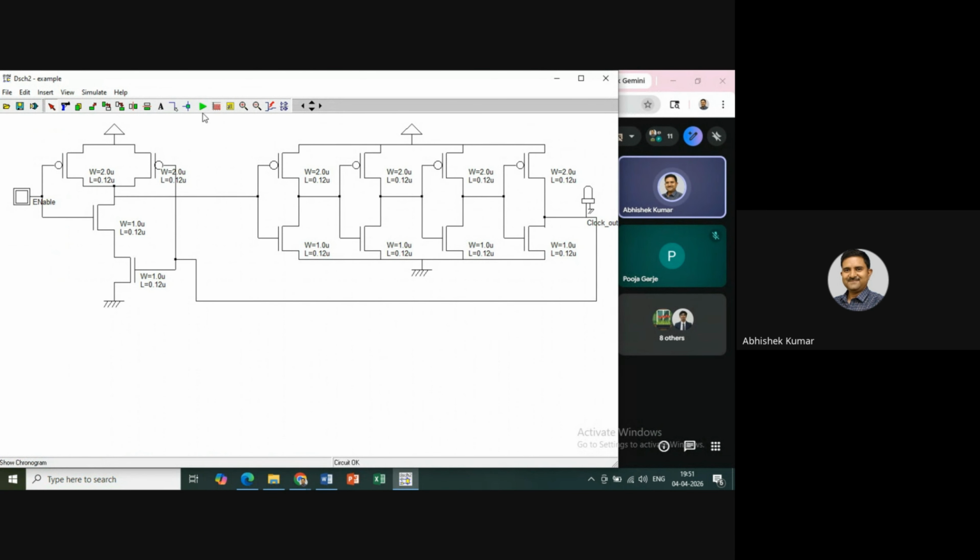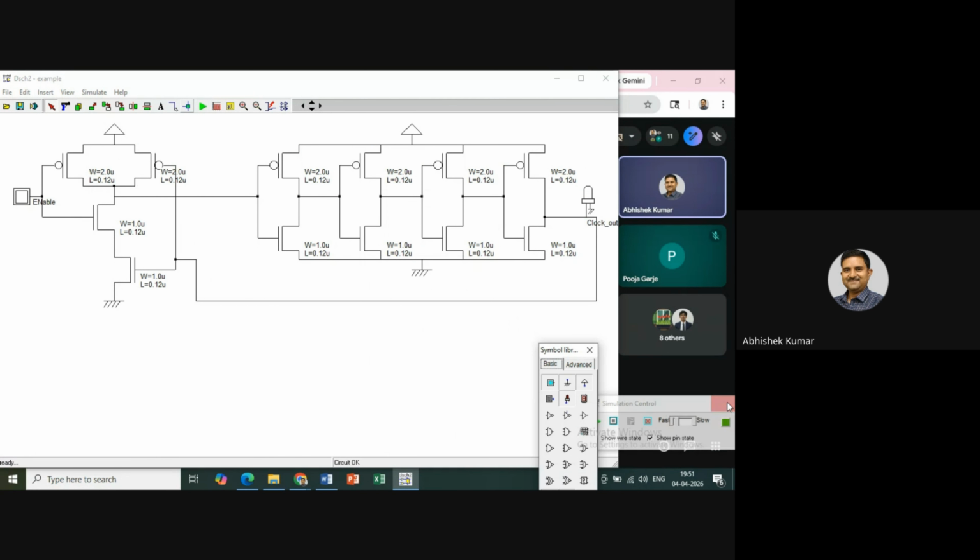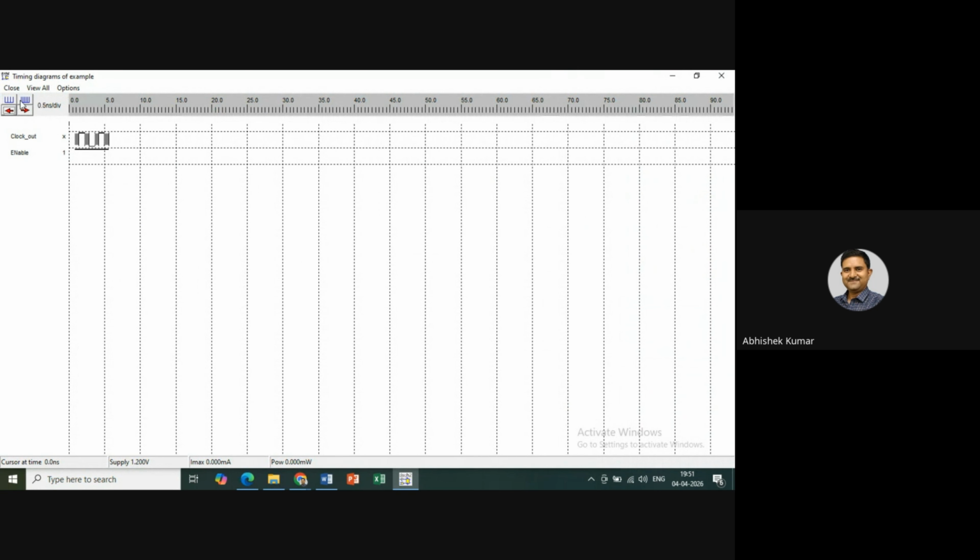I would like to simulate it again. First of all, let's see, I'm going to make it 1. Stop it. Now, look at the waveform. Sorry, I have not made enable.